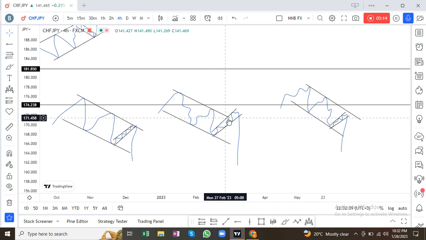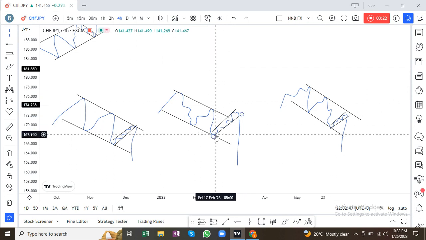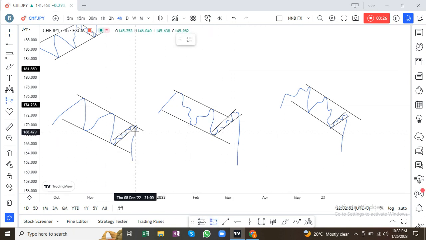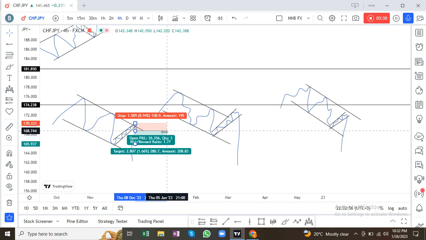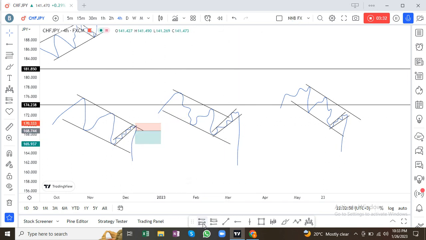It might break that trend line, and you might think it has broken the trend line and is going back up. And most of the time it will form a structure where you can draw your trend lines. You can enter on the break of the trend line like this, and this one right here.